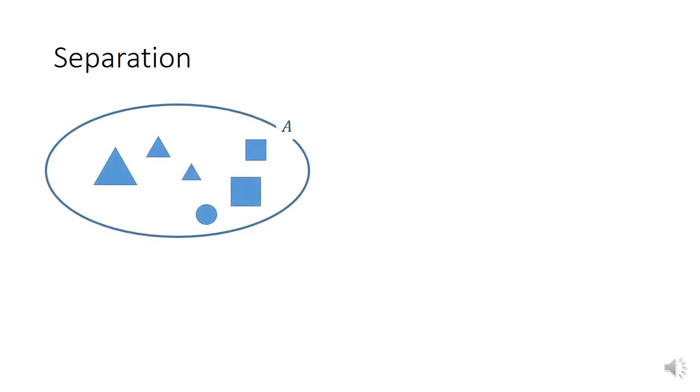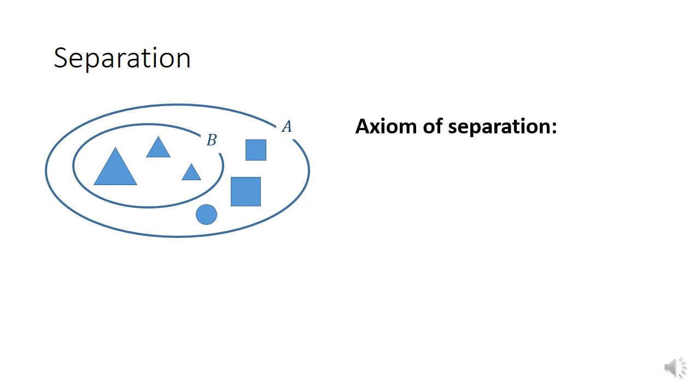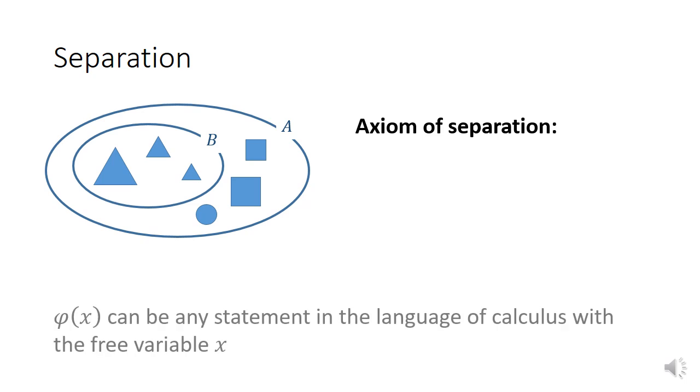We also want to be able to form subsets of R or any given set A by specifying a characteristic property of its members. This is guaranteed by the axiom of separation. Suppose that φ(x) is a statement in the language of calculus. x is a free variable here, a placeholder for things in our universe.